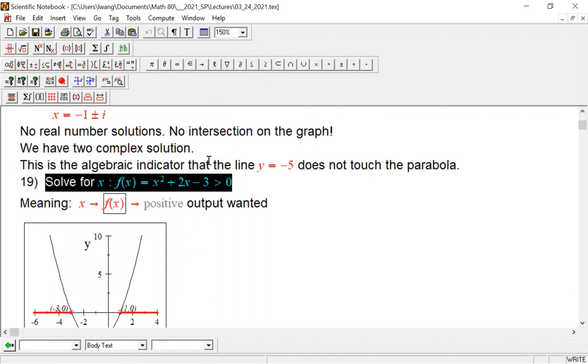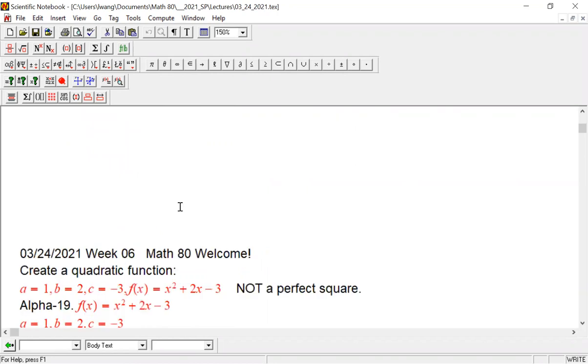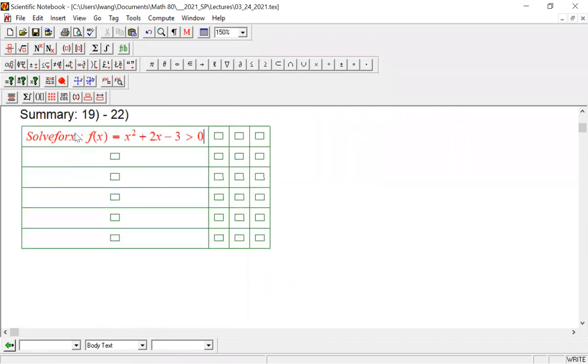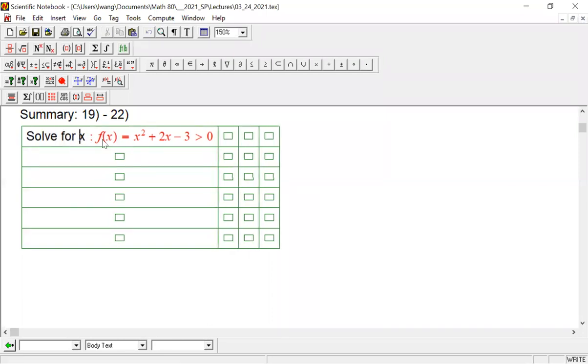Solve for f of x larger than 0. Then solve for greater than or equal to 0.